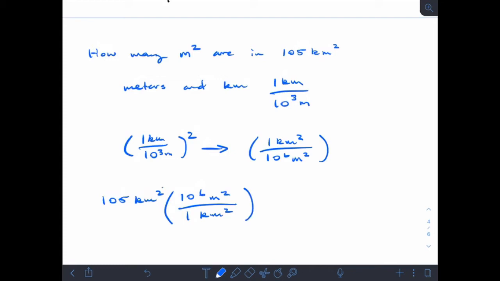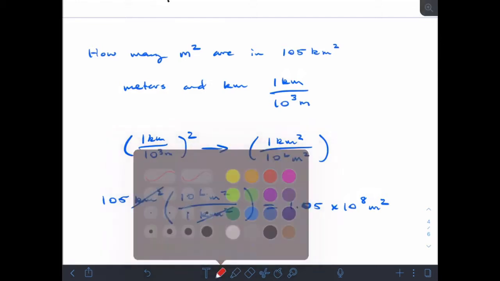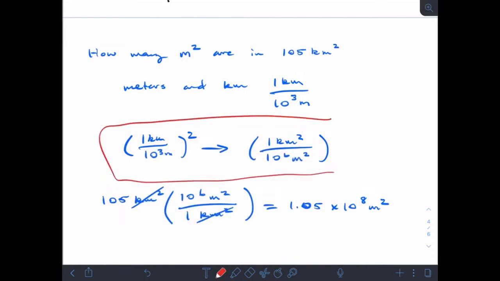My square kilometers will cancel out, and my answer comes out to be 1.05 times 10 to the 8 square meters. So dealing with conversions of square and cubed are exactly the same. The only trick is that you have to remember to do this. Otherwise the problems work just like they do with any other unit conversion.